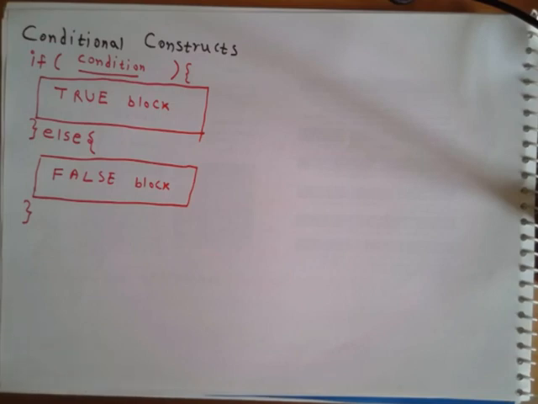So we will typically use only two conditional constructs, if, and sometimes if and else. Okay, so those are the conditional constructs that we are going to look at.